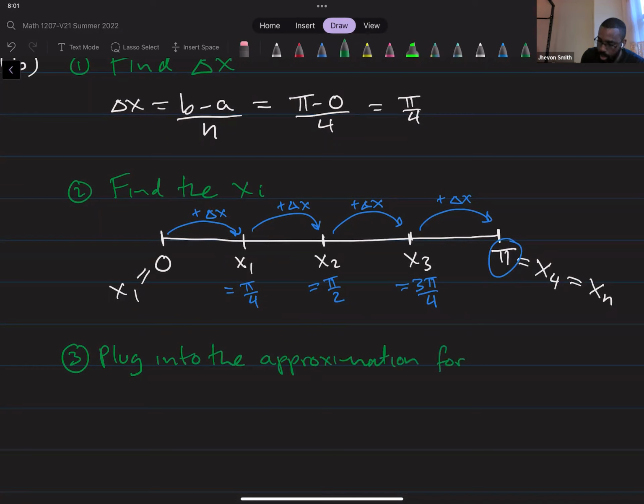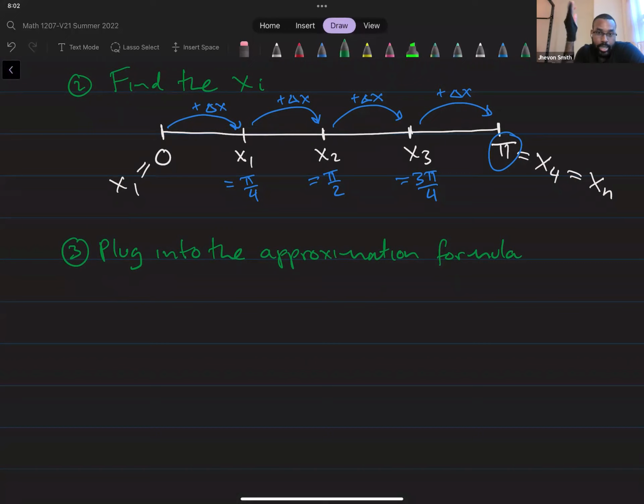So now we know for the trapezoid rule, it has that pattern where all the inside y values, you're multiplying them by 2 when you add them up. The first and the last one, you don't do anything, and you multiply by delta x over 2 on the outside.